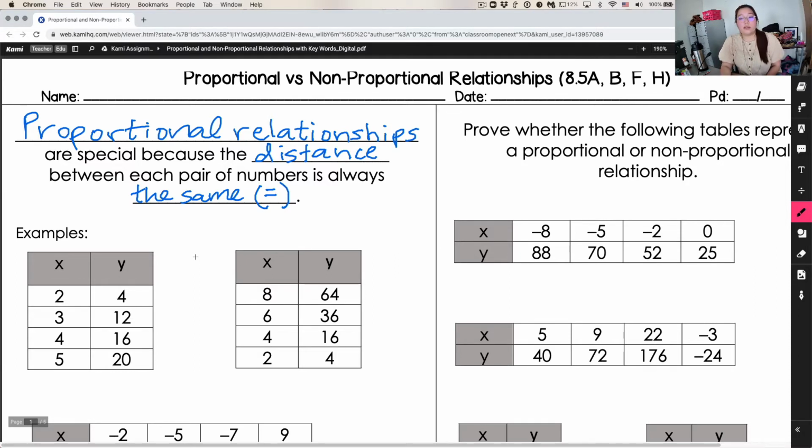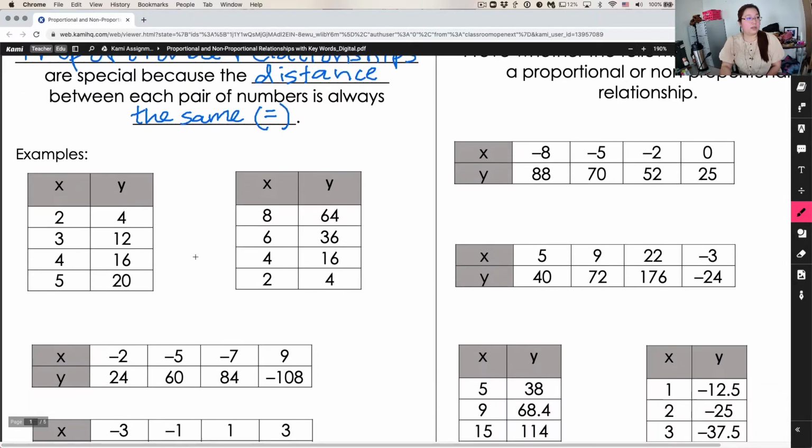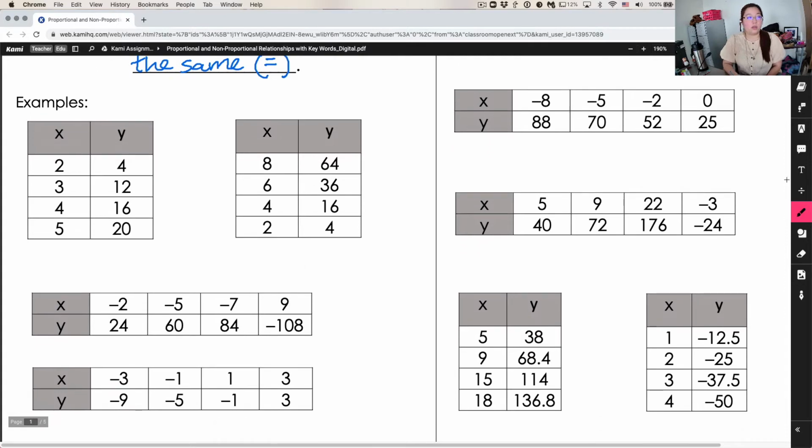We're going to go through all the different situations where we can tell whether a relationship is proportional or non-proportional. The first thing we're going to look at is tables. Remember, when we were doing direct variation, to figure out the constant of proportionality, k, we had to set up a proportion of y over x.